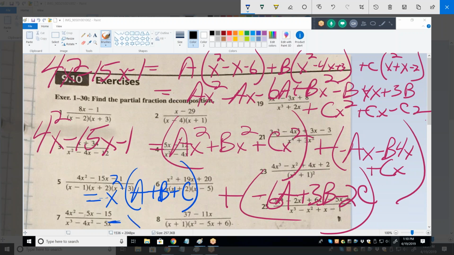Minus x times a. Would that be negative a? 4b minus c. Okay, that's right. This term over here? I think it is. Yes, sir.